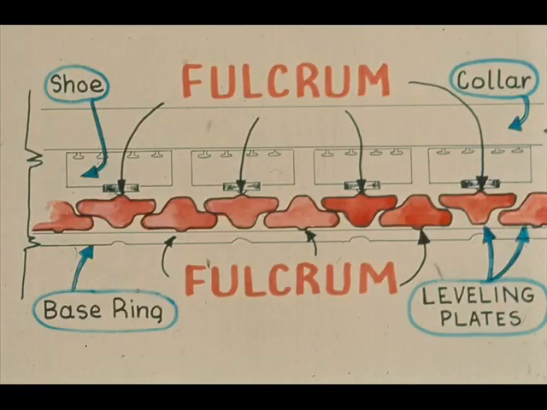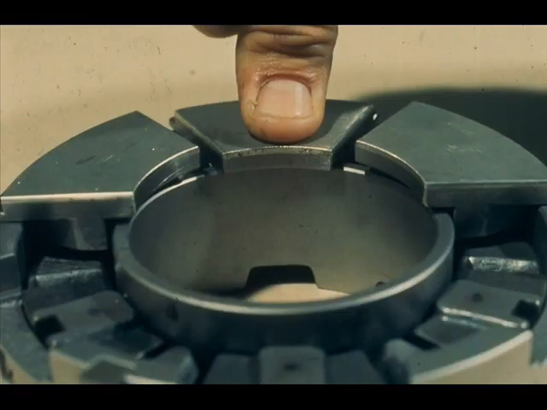The leveling plates are levers with center fulcrums, as can be observed here in this cutaway assembly. The function of the leveling plates is to align the bearing shoes with the thrust collar and to equalize the thrust load among the thrust shoes to compensate for any slight misalignment of the shaft axis from the normal.